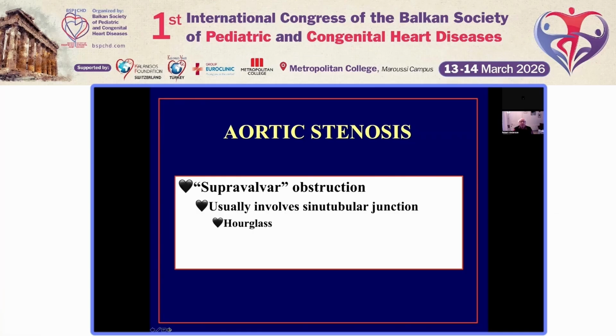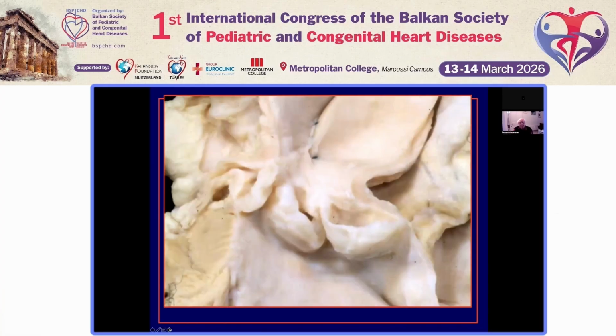When we talk of supravalvar obstruction, almost always it involves the sinutubular junction. So it's arguable as to whether that should really be considered supravalvar or part of the valvar problem itself. And we describe it as being hourglass, diaphragmatic, or the true supravalvular obstruction, tubular narrowing of the intrapericardial aorta.